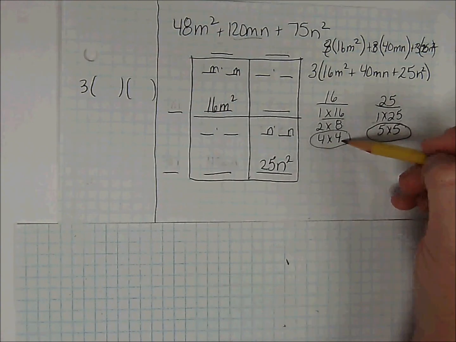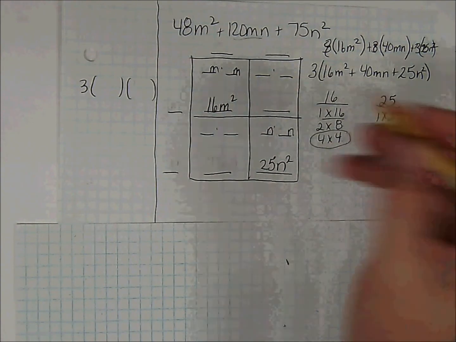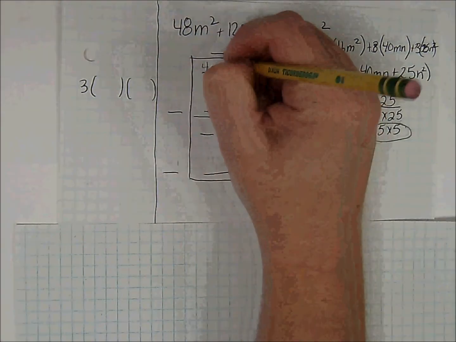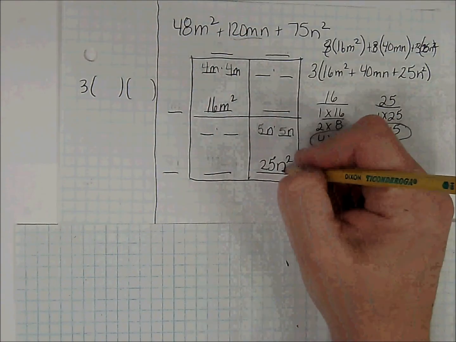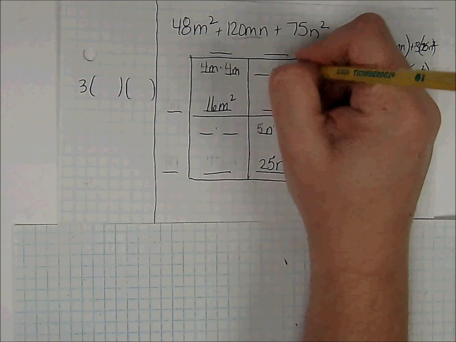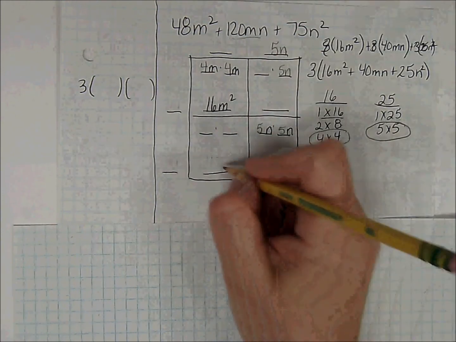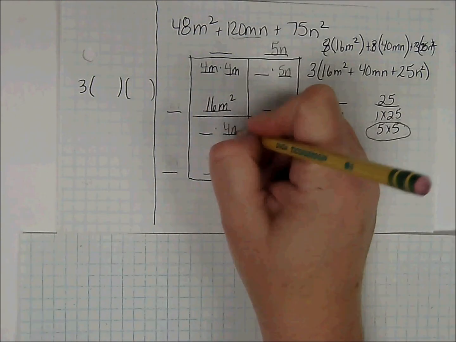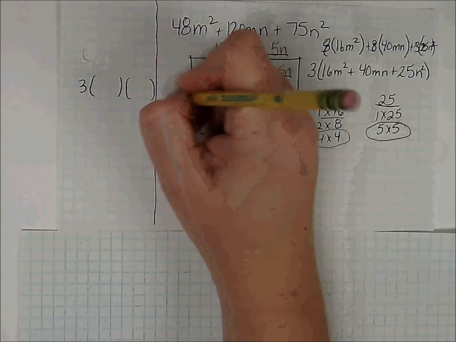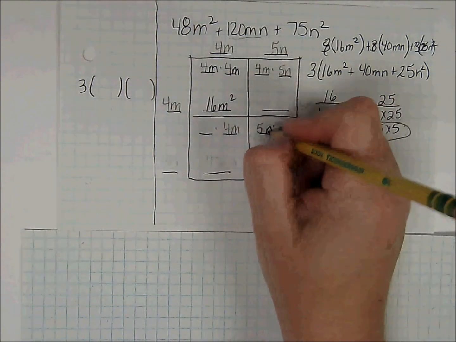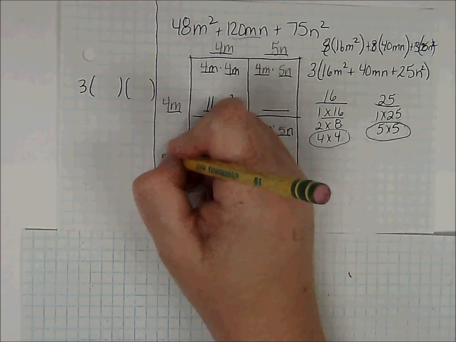So I'm going to try the squares just to see if they work. So I'm going to say this is 4m and 4m, and this is 5n and 5n. And this column is going to get the 5n. This column gets the 4m. This row gets 4m. And this row gets 5n.